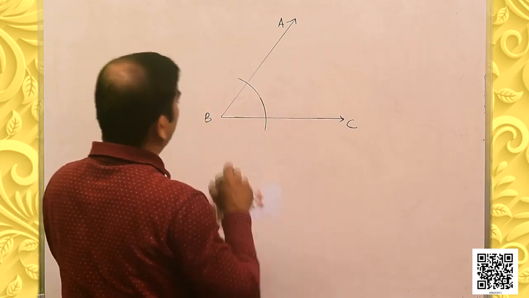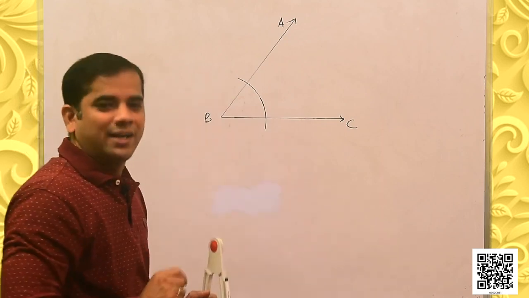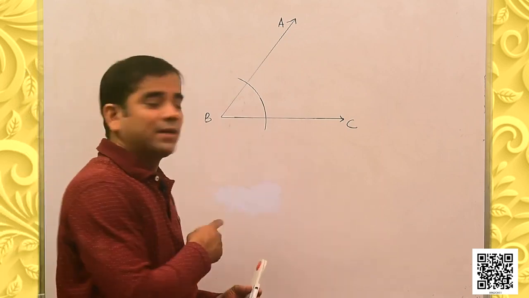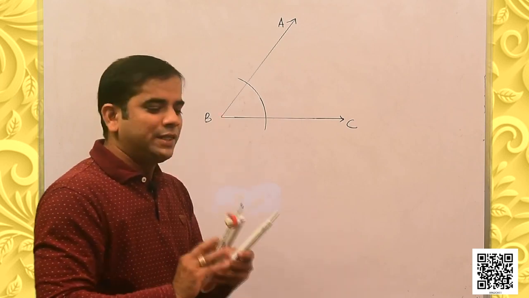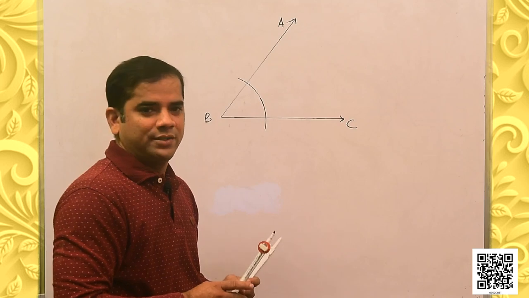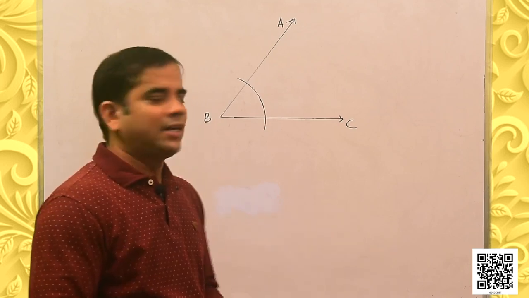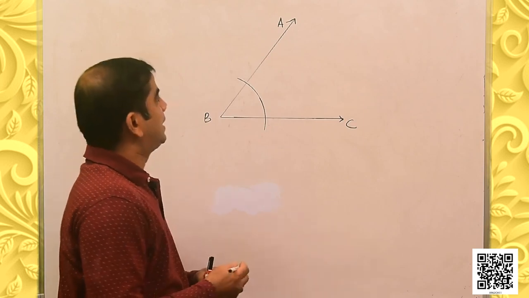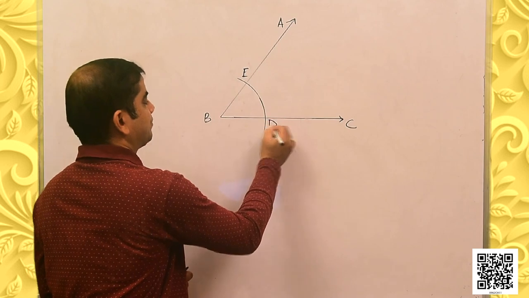So if I continue drawing the arc, it will be a circle. Now I have constructed an arc of a radius which is the length between these two points. Now as per your book, the points of intersection of the arc with BA and BC are E and D.